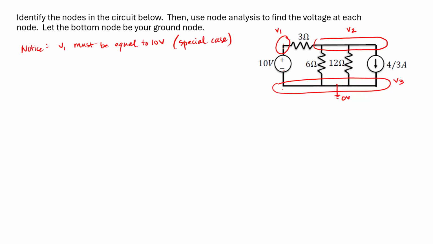If we have a voltage source between a node and the ground, this node V1 must be equal to the 10-volt source because it's 0 volts on the other side. Okay, so we know V1 must be equal to 10 volts, and we know that V3 must be 0 volts because it's our ground. And so that means we need to find V2. So let's go ahead and do node analysis to find V2.